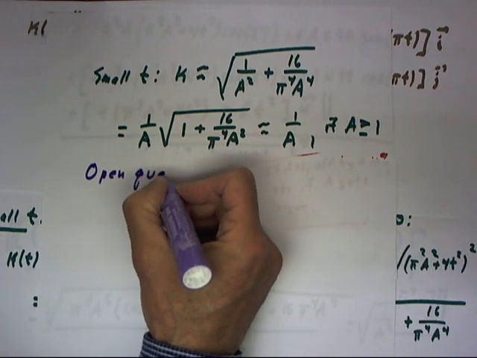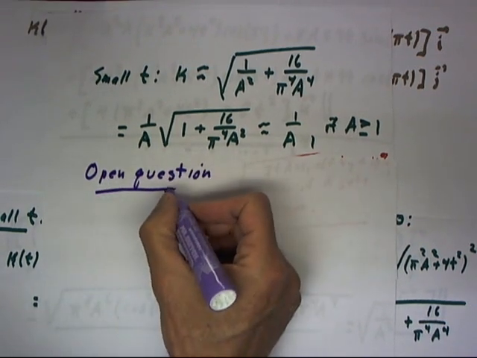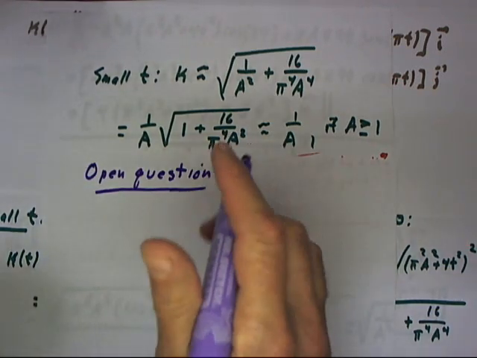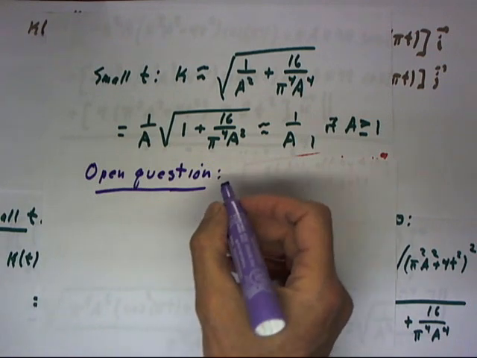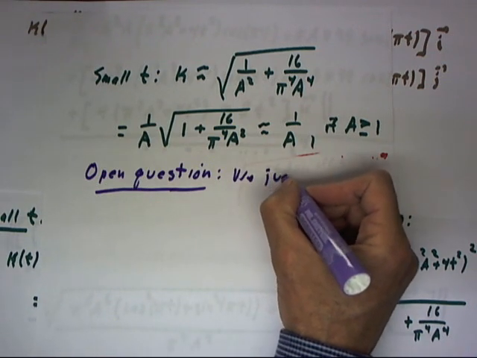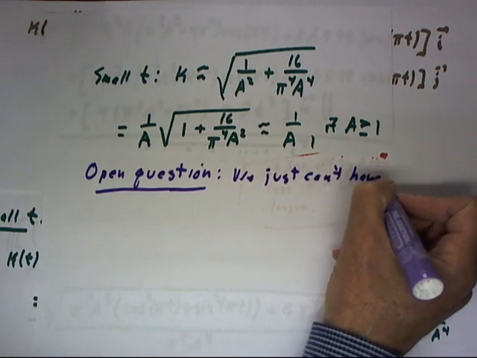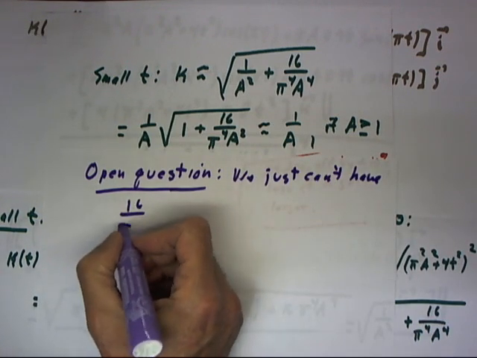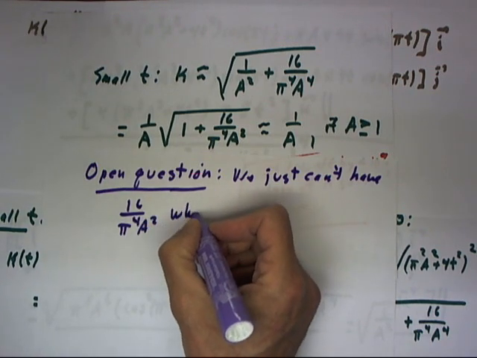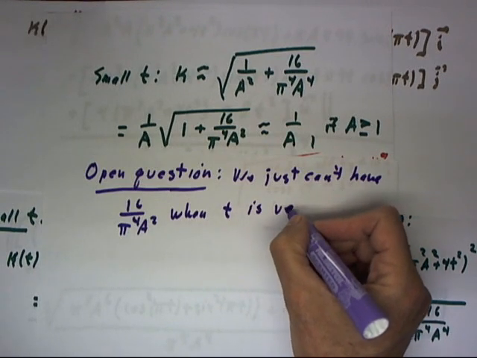Now, I actually did make that error. I'm not sure where that came in, somewhere in the bookkeeping of our derivatives. This can't be. We just can't have that 16 over pi to the fourth a squared when t is very close to 0.